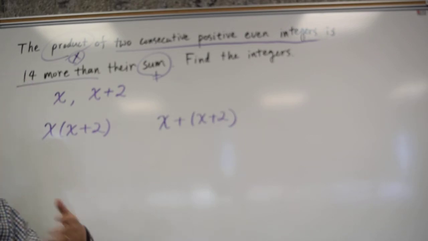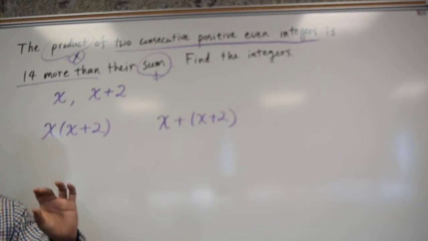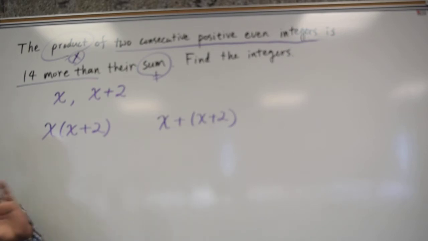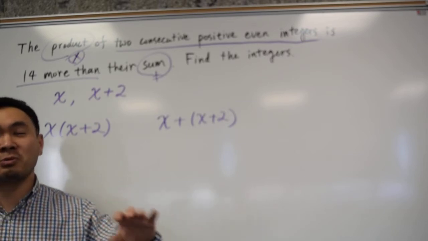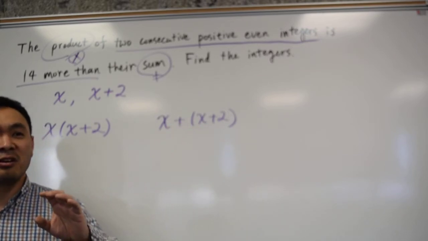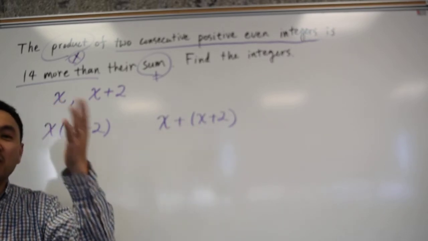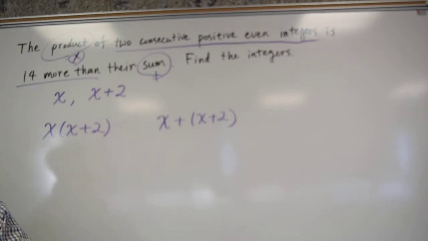So 14 more than something means if A is 14 more than B, that means you can write an equation because "is" means equal, right? And then 14 gets added somewhere. I can never figure out if it's A equals B plus 14 or A plus 14 equals B. It's confusing, okay? So we're going to think through this in the following way.